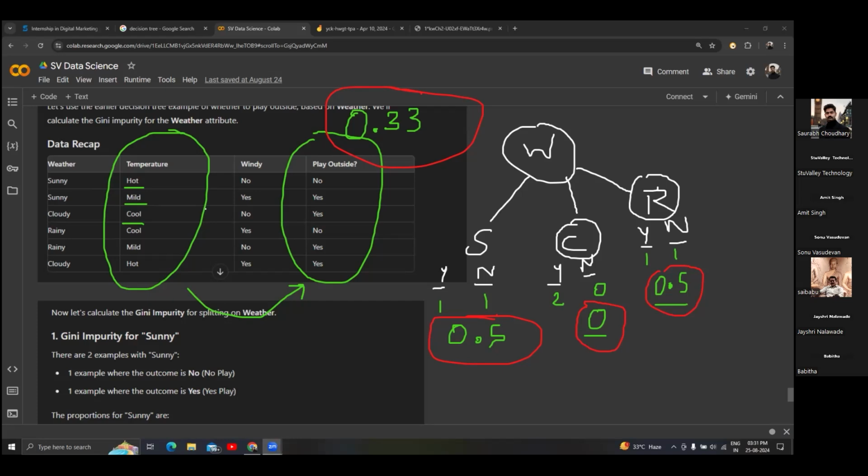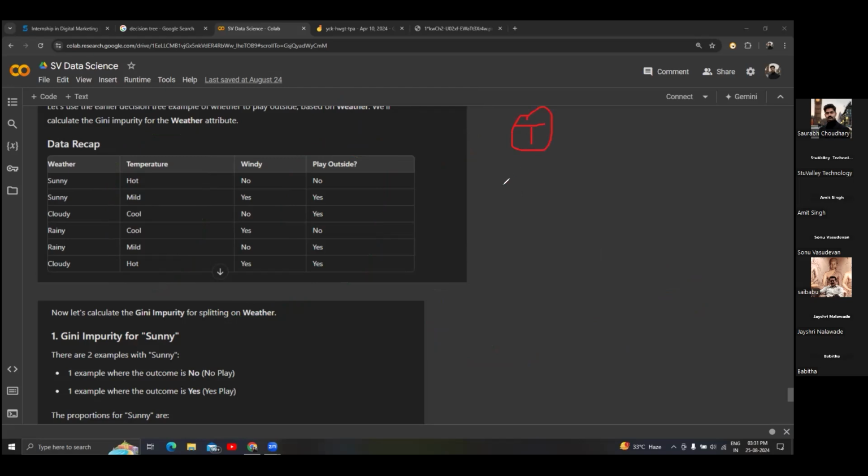0.33, but have you calculated it? For temperature, how much will it be? Hot, cold, mild. For hot, how many yes?